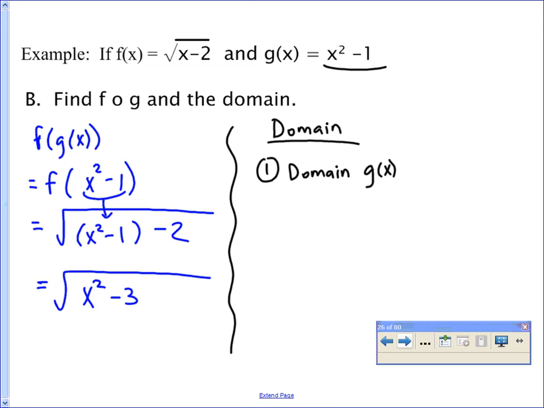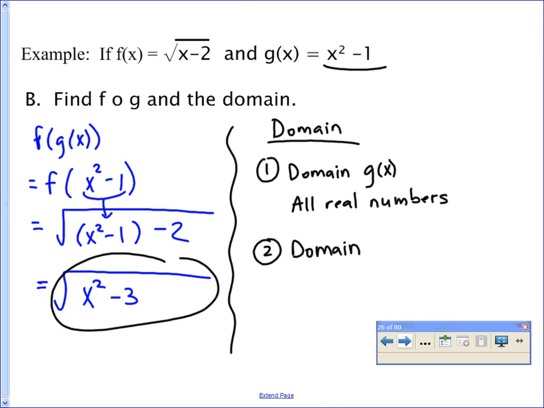We don't have any variables in the radicand, so we would say all reals. Okay, and then the second piece here is that we find the domain of the simplified composite, and so that is going to be this guy.